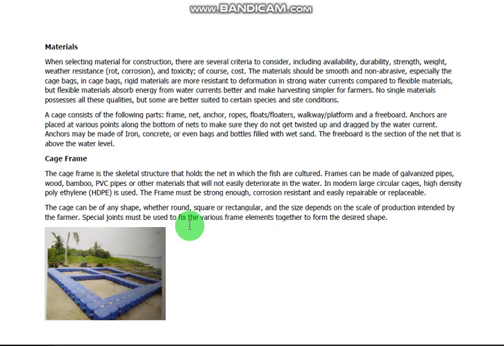For instance, if you want to grow 2,000 pieces of fish in the cage you are proposing to construct, you have to check the number of fish you want to raise, then use that to determine the size of your cage. Special joints must be used to fix various frame elements together to form the desired shape.